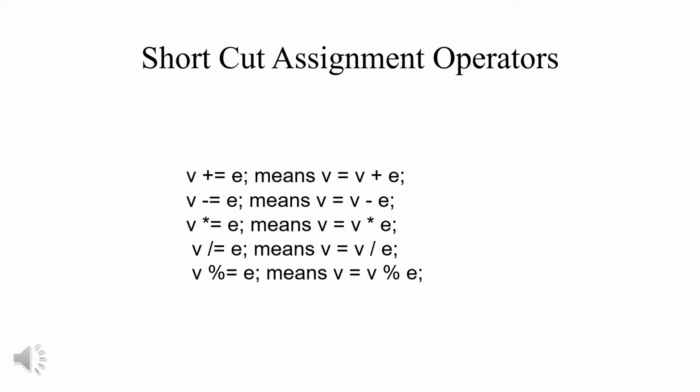So you have omitted v on the right hand side and brought the arithmetic operator minus next to the assignment operator. So as you see, you have made it much shorter, and your code would be cleaner and shorter. So that's a better way, and it's preferred to write it like that.